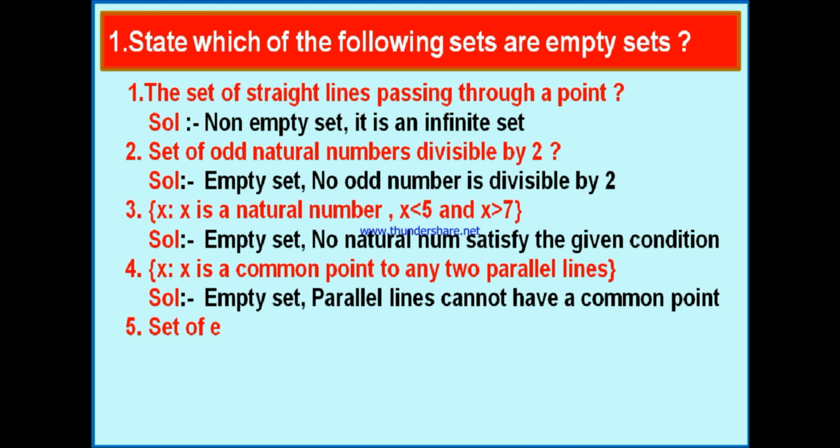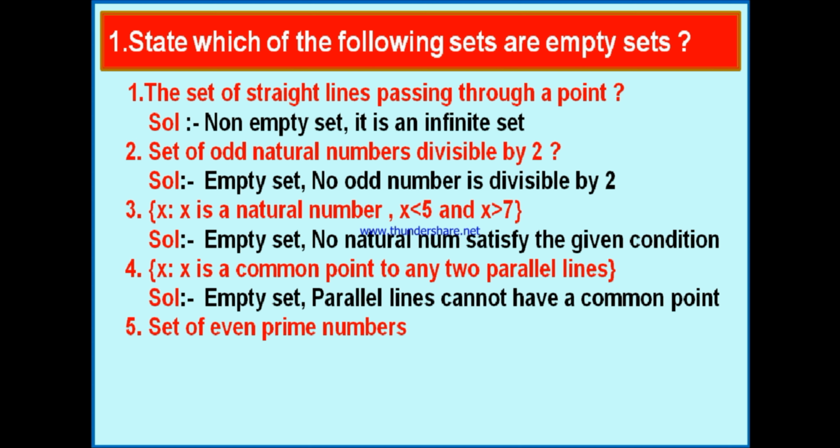Fifth bit. Set of even prime numbers. Now, how many even primes are there? The prime numbers start from 2. 2 is an even number. The next prime numbers are 3, 5, 7, 11, 13, 17. All are prime numbers. Except 2, the remaining are all odd numbers.